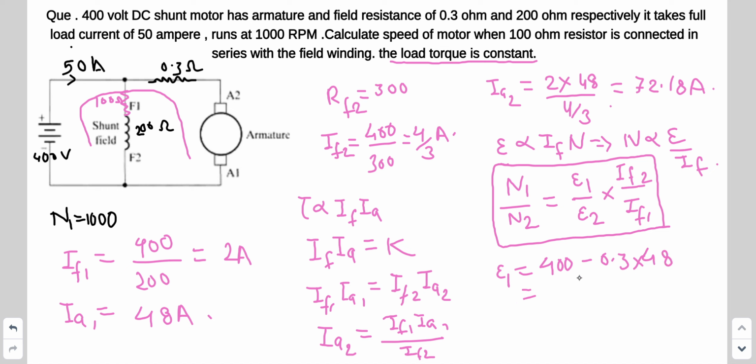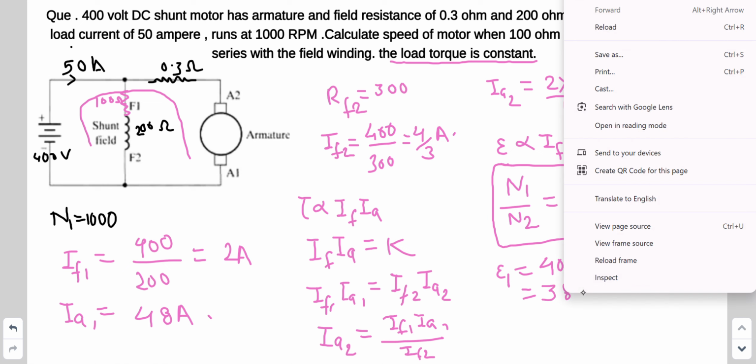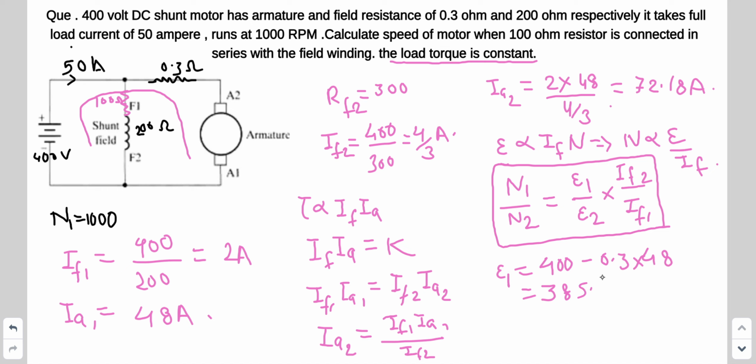By calculating, this value will be 385.6 volt.